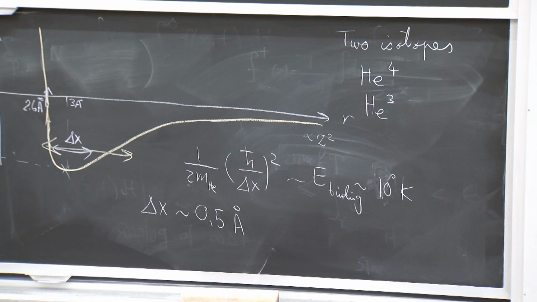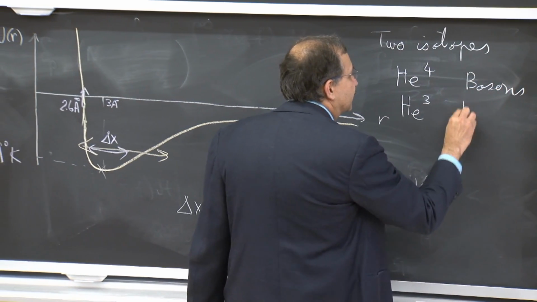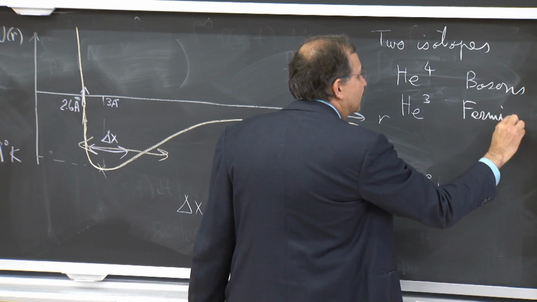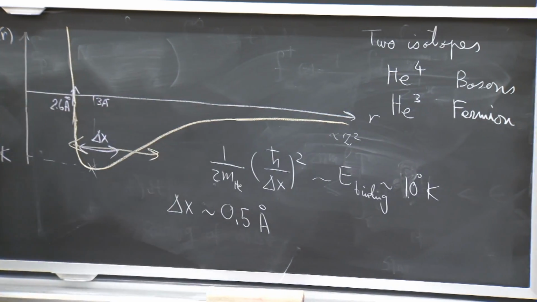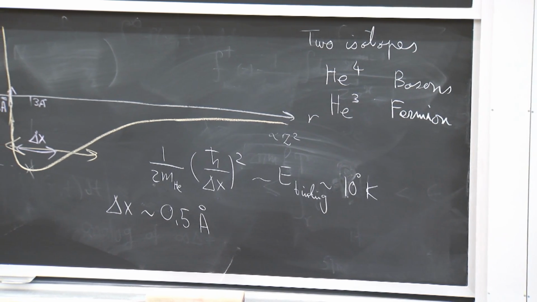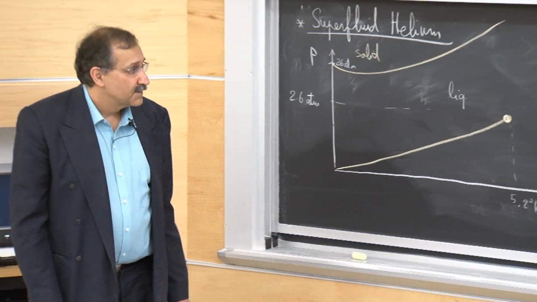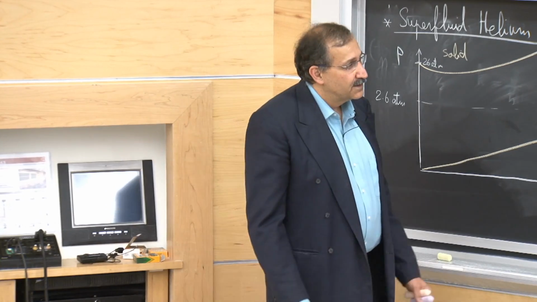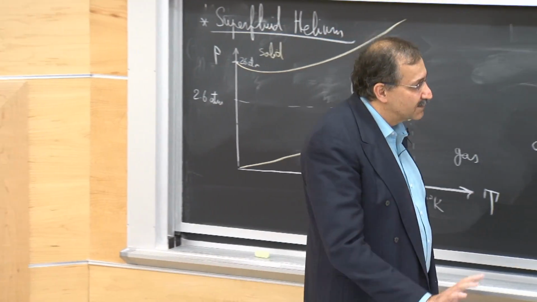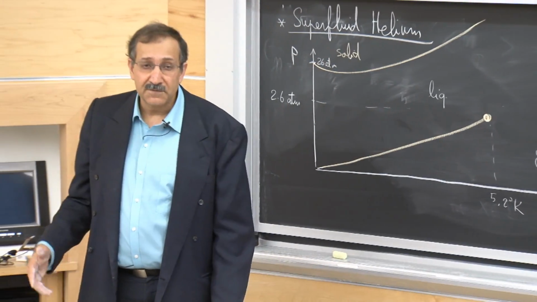But the number of protons being different in the nucleus of these means that helium-4 is a boson, while helium-3 is a fermion. So we have the opportunity to observe both a Bose system that is liquid at low temperature and a Fermi liquid at low temperatures. Now, the case of the Fermi liquid is not really that different in principle from the Fermi liquid of the electrons in copper that we already discussed.